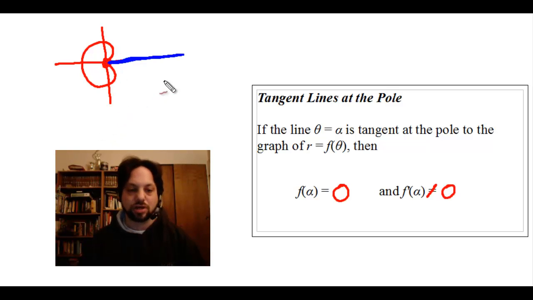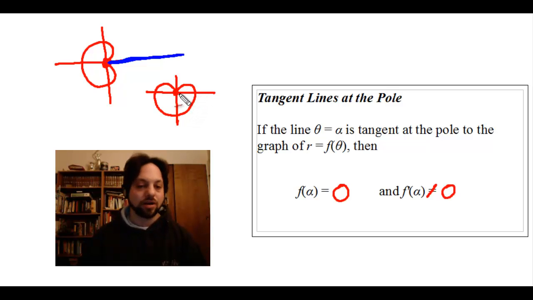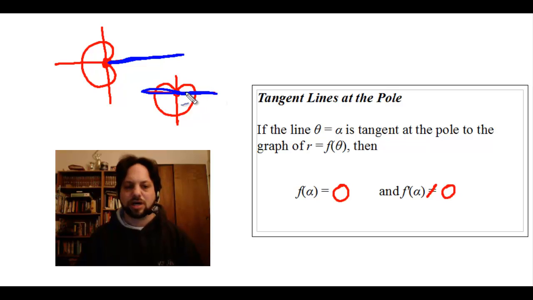How else could it look? Maybe you're thinking it would be a happy cardioid, in other words, one that goes like this. Okay, here, this function does exist at the pole, but would you say that the tangent line would look like this? I wouldn't. That would also imply that it's smooth when we know that there's a cusp right there.